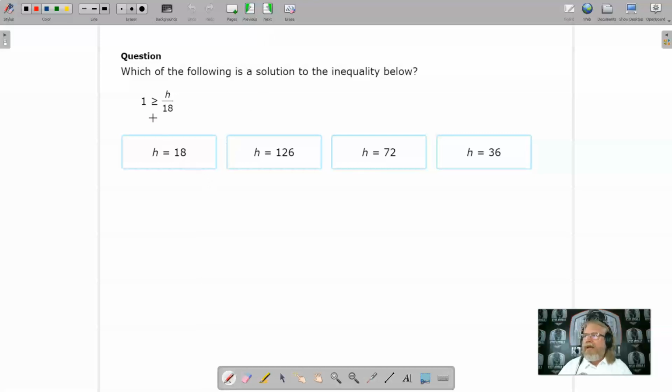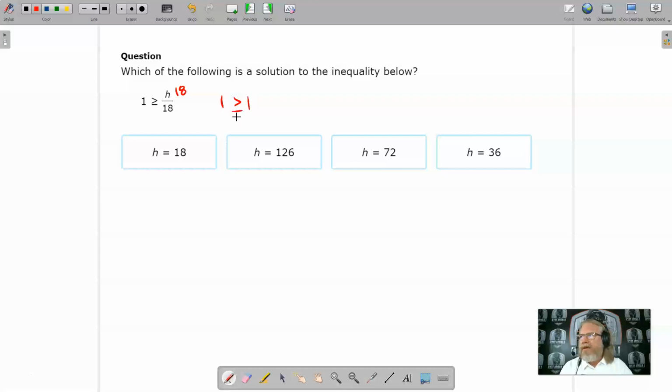So on this one here, we could substitute it in. I would rather solve this one, graph it, and then see what numbers work. It's going to be a little bit easier than doing the math of all of it. Like, for instance, if I put in 18 here, then I'm going to have 1 less than or equal to, in this case, 1, right?